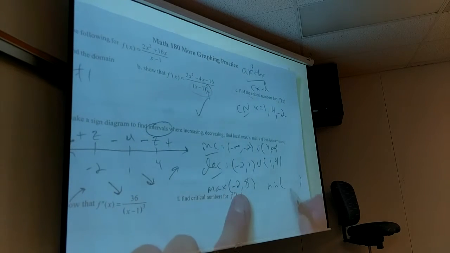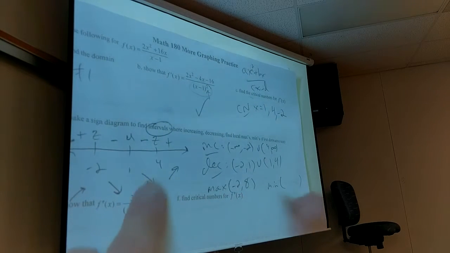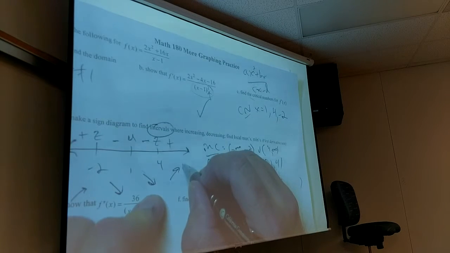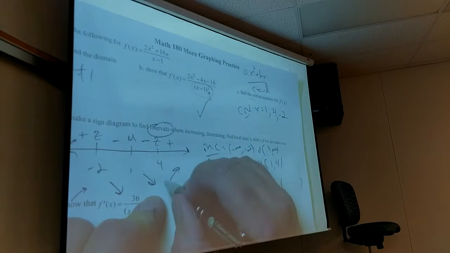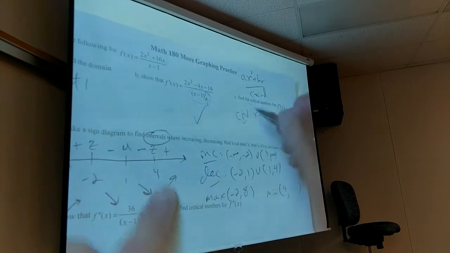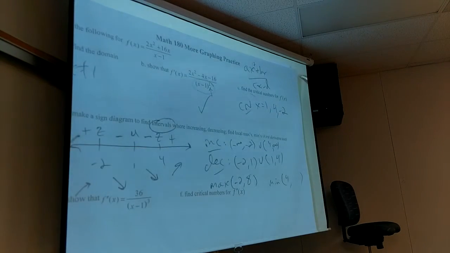I'm sorry. And then the minimum happens at 4 because it goes down and then comes up. Goes down, comes up, must be a minimum. 4, comma, something. Let's see. 32 plus 64, right, is 96 divided by 3 is 32. That's weird.